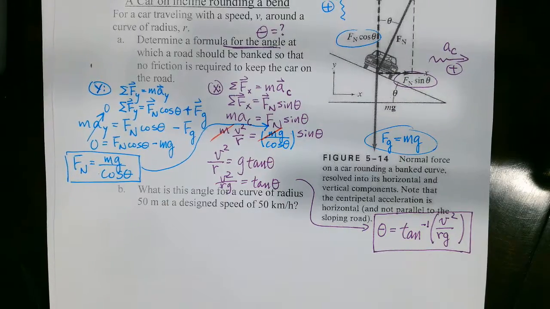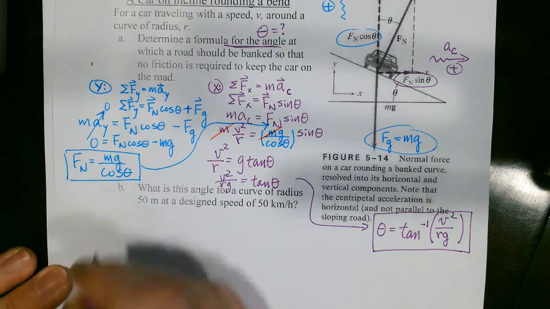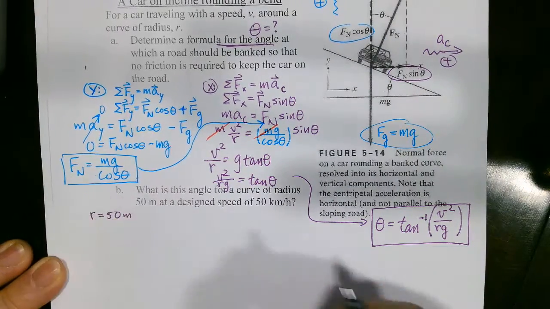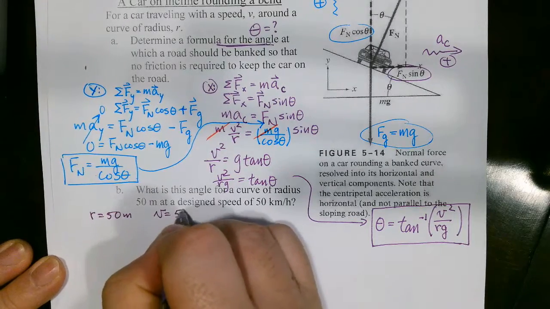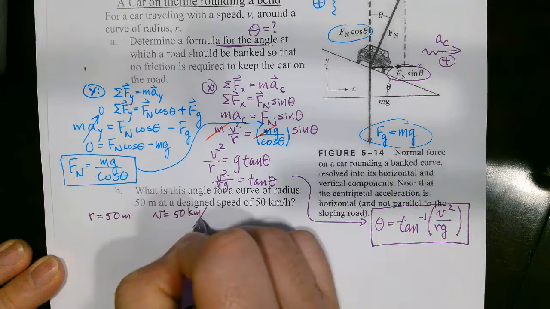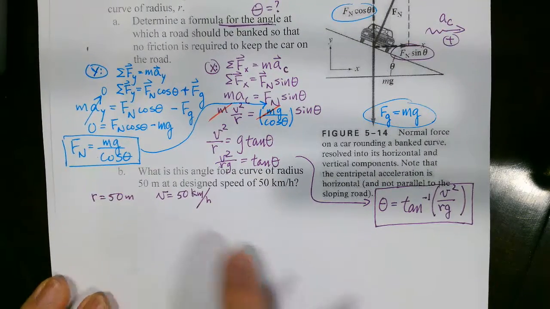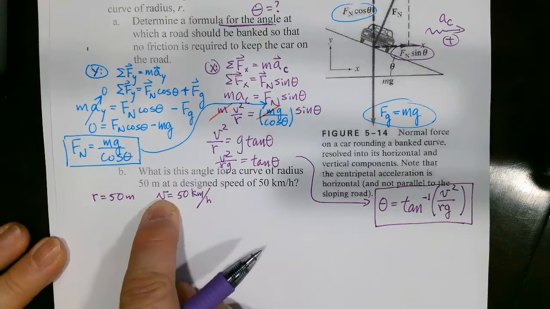Let's say, what is the angle for a curve of radius 50? So they give us r. R is equal to 50 meters, and speed v is equal to 50 kilometers per hour. We cannot use this because we need to convert it into meters per second.